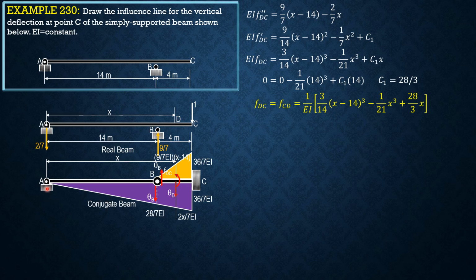So let's call this theta A, which is positive upward. Let's compute theta A by considering AB. Then we sum up moment about B, considering AB.